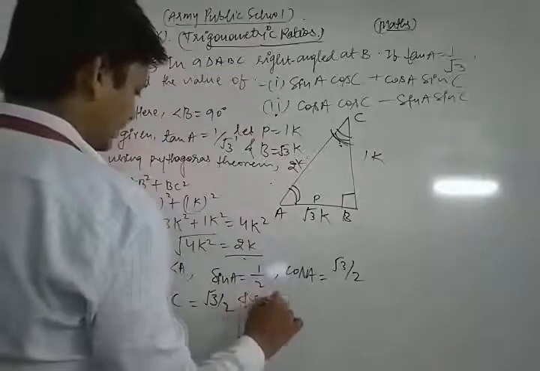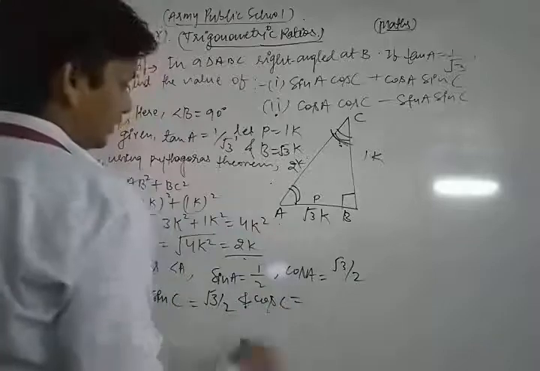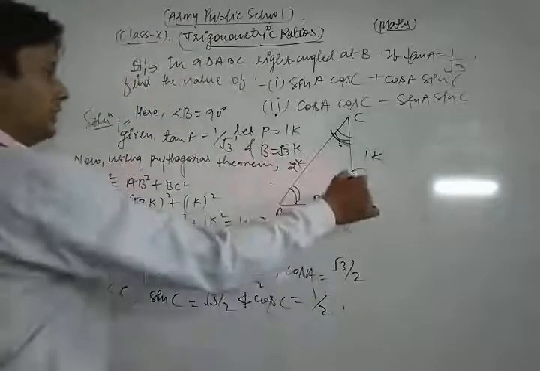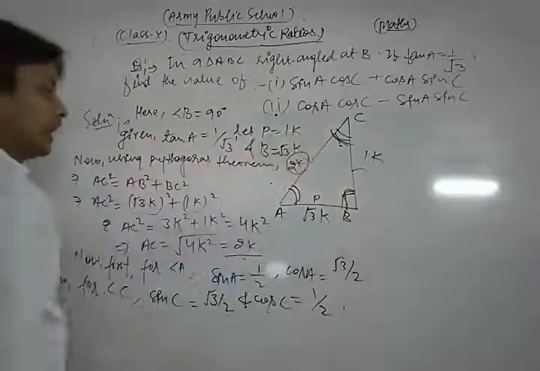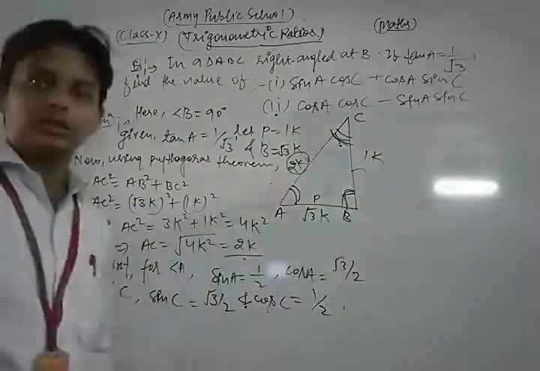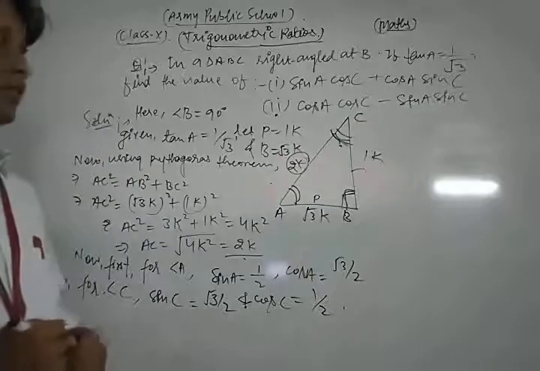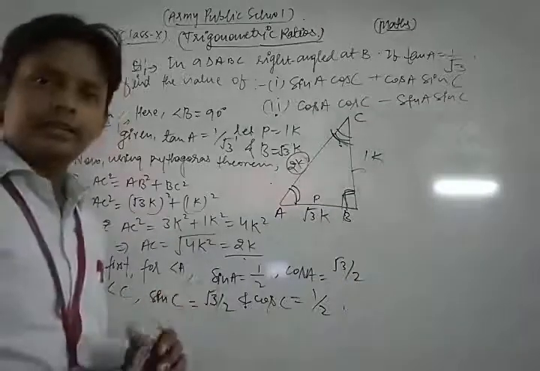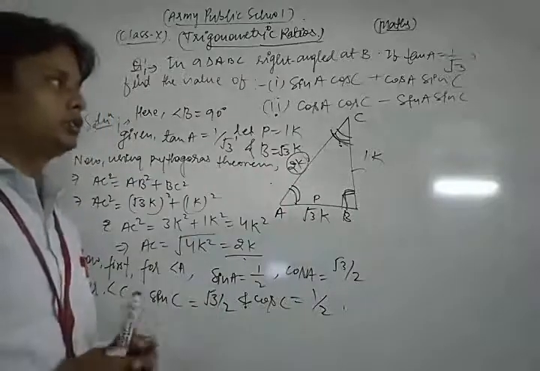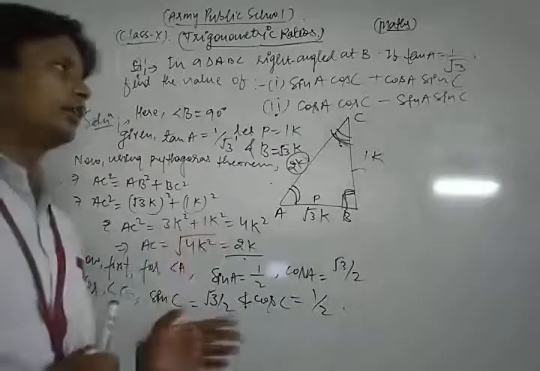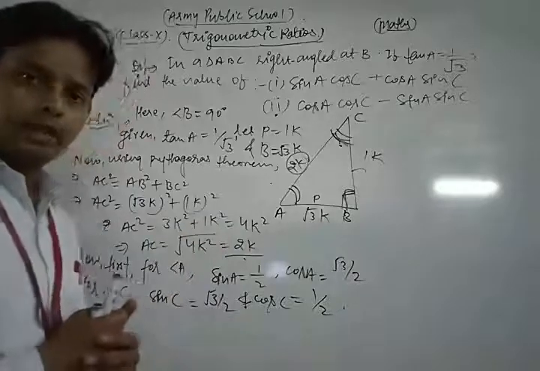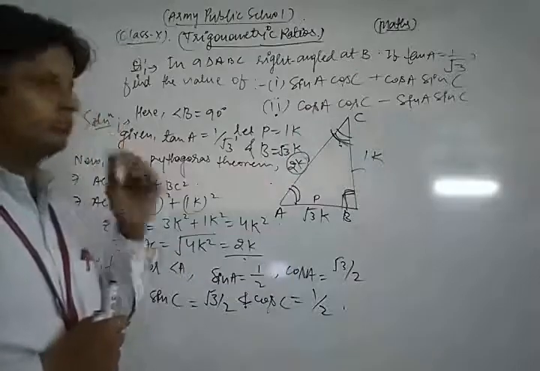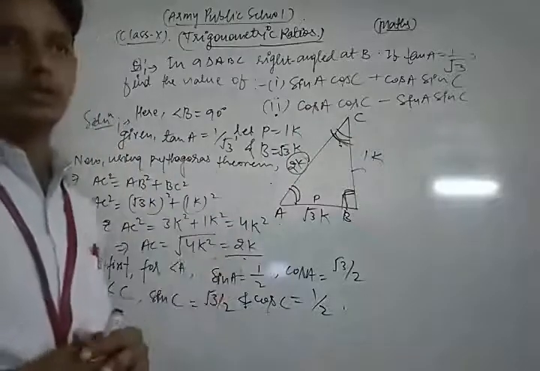And cos of angle C is base upon hypotenuse, this is 1 upon 2. The side opposite to the right angle is always the hypotenuse. In this way, dear students, we find all the required trigonometric ratio values for angle A as well as for angle C. Now we substitute all these values in the given expression.